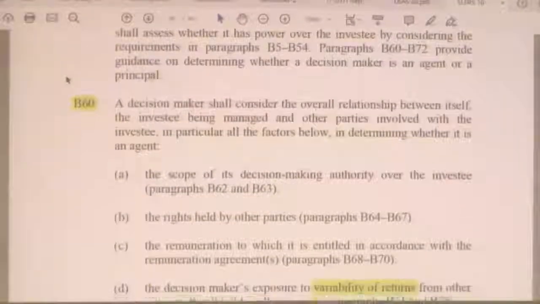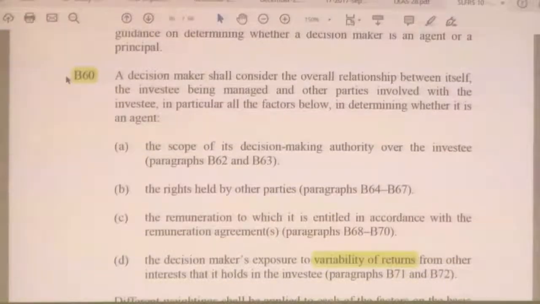And go to B60, right? Link between power and the return. B60. Link between power and the return. The decision maker shall consider the overall relationship between itself, the investees being managed and other parties involved with this investee.